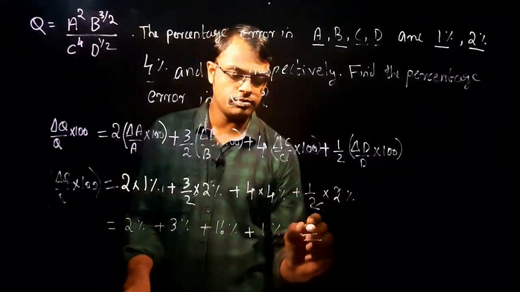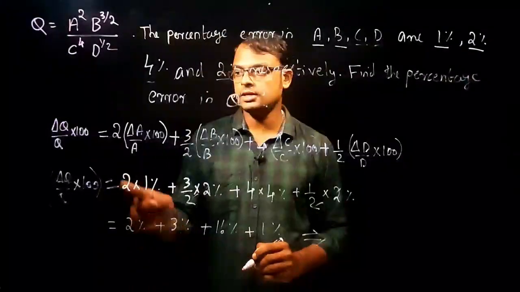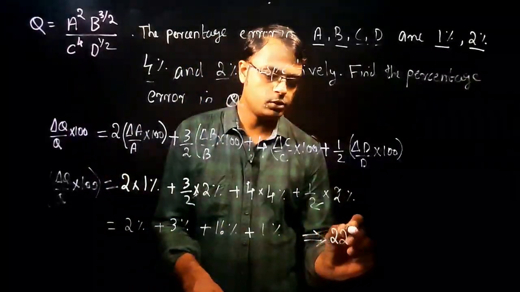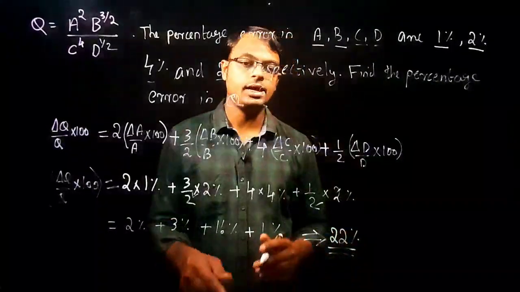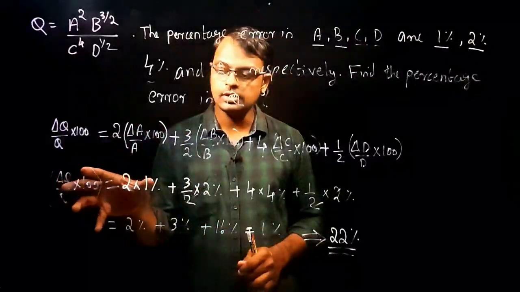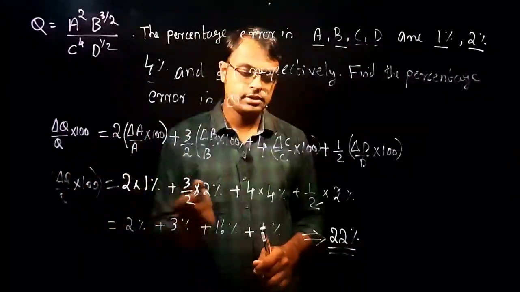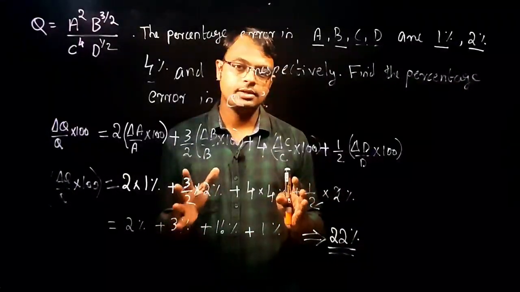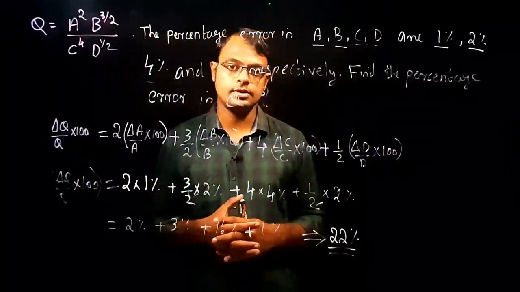So what is the total percentage error in the measurement of Q, the physical quantity Q, is equal to 22% is the error in the measurement of Q. In the final result, the effective error is 22%. So this is the way to do the error in the power of a physical quantity.